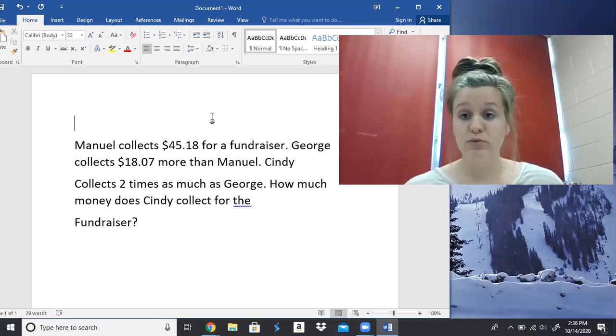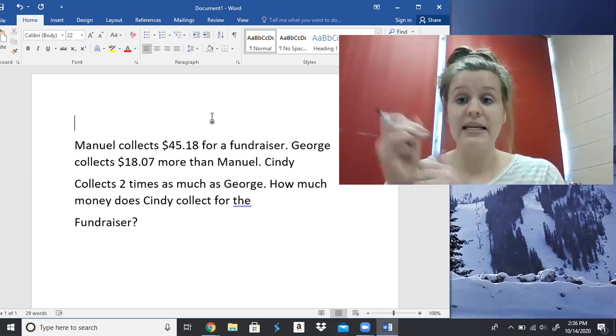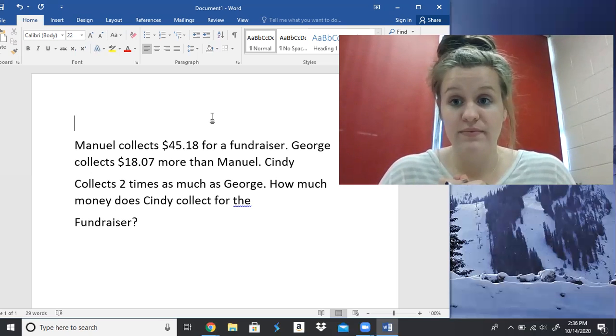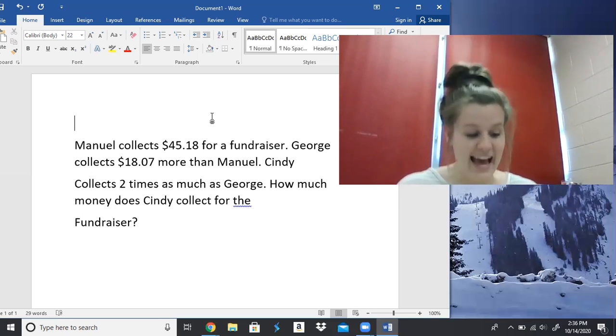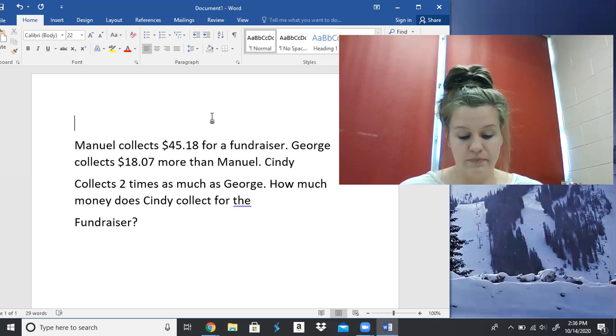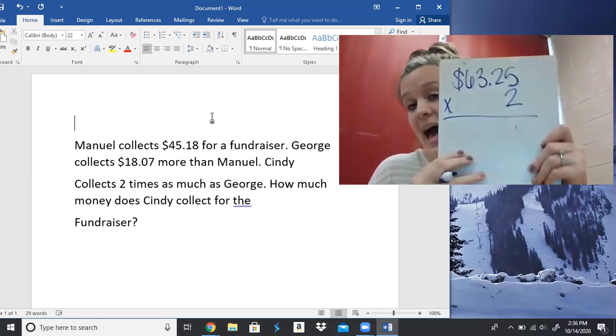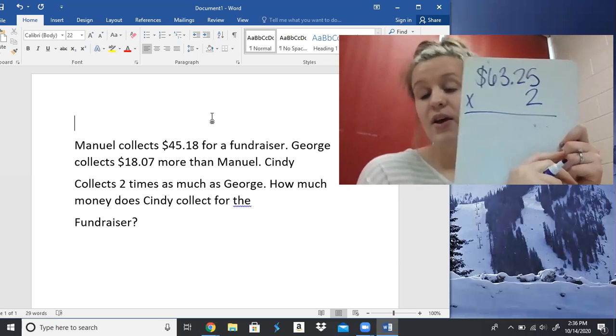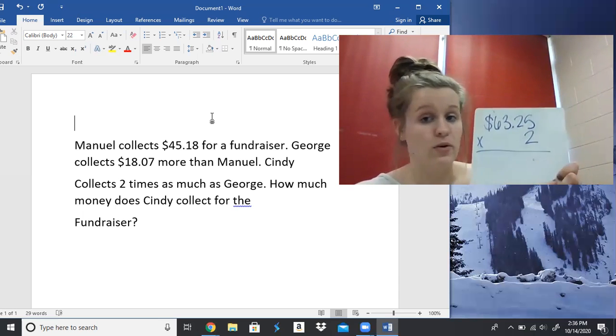Now, when we add or subtract, our decimals are stacked, but when we multiply, what side do we line our digits to? The right, okay? So when we multiply, we always line our digits all the way to the right, which means that my decimals are not stacked. My digits are pushed all the way to the right side, okay? And then we multiply just like normal.